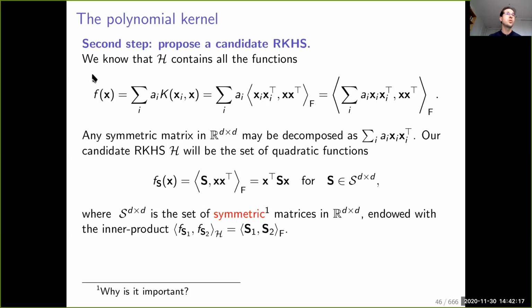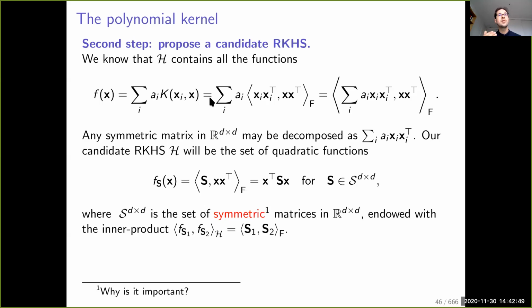So in other words, for every collection of points x1 to xn, and any set of scalar values a1 to an, the RKHS H necessarily contains the functions of the form f of x that are a linear combination of the functions k_xi, which can be written as the sum over i of a_i k(x_i, x).